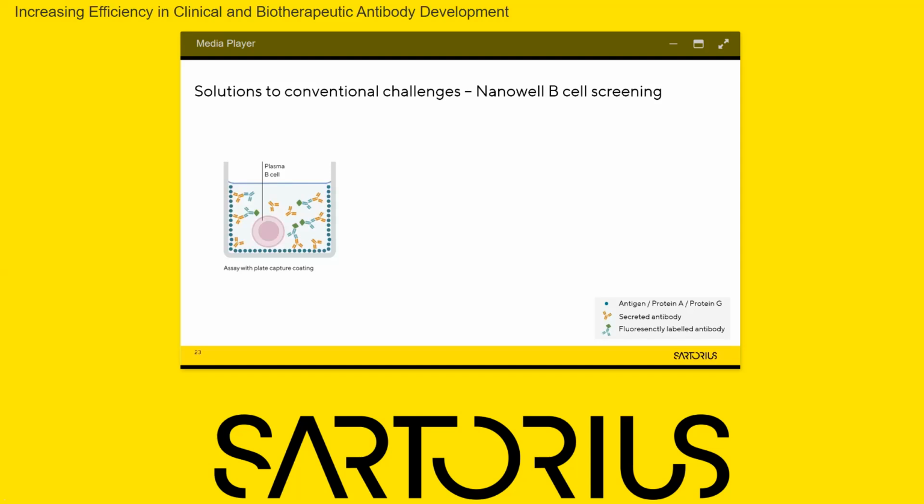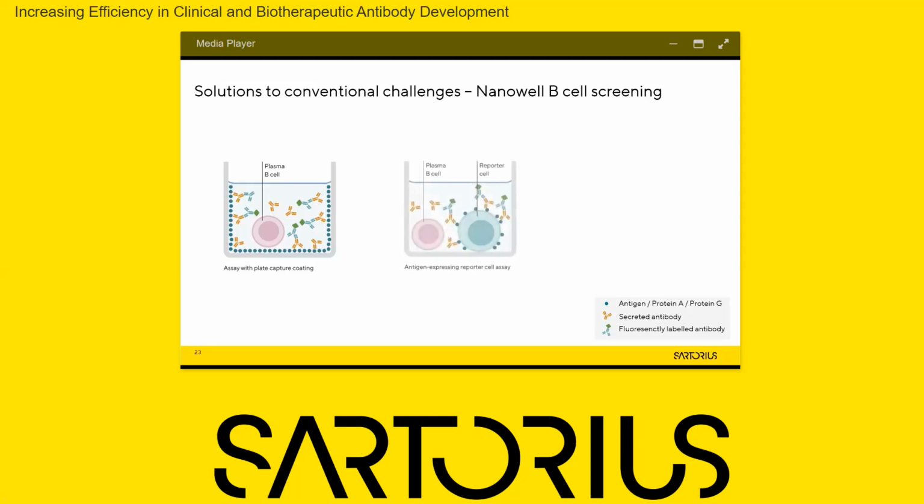The plasma B cells are plated and allowed to settle into these individual nanowells. And once the plasma cell starts secreting its antibodies, these will adhere to the antigen that's coated on the plate, and then we can add a fluorescently labeled antibody to detect that through fluorescence.